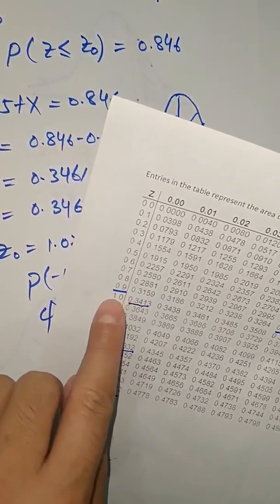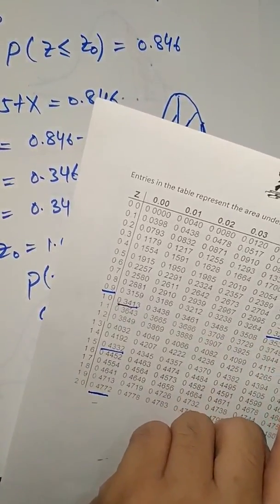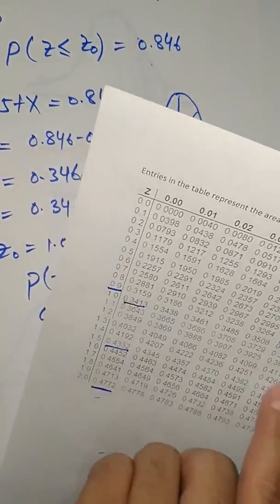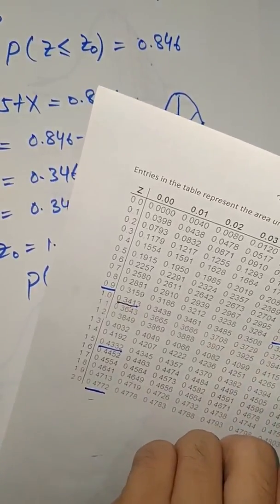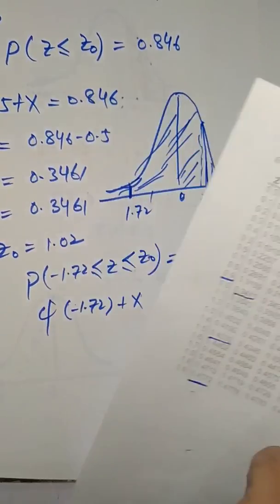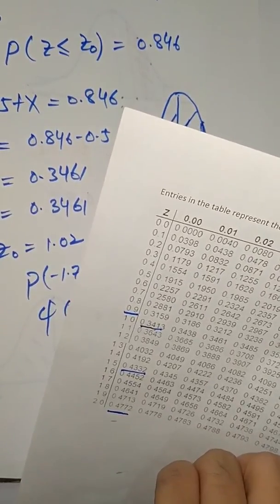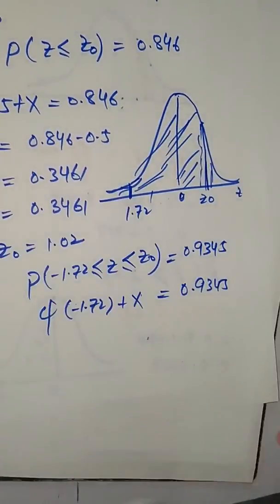I will follow this row, and following this column, here is the value of 1.72. So 1.72 is equal to 0.3577.